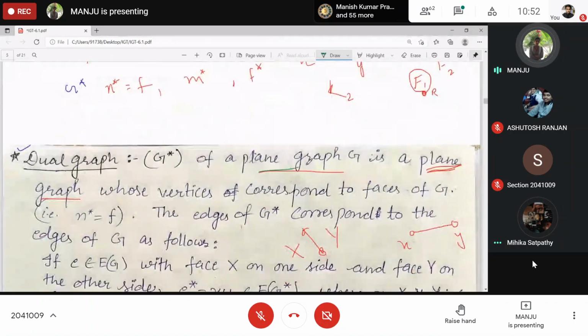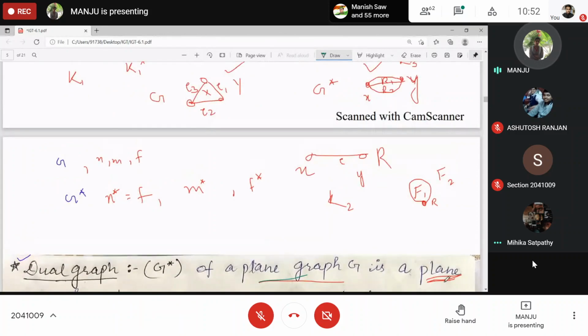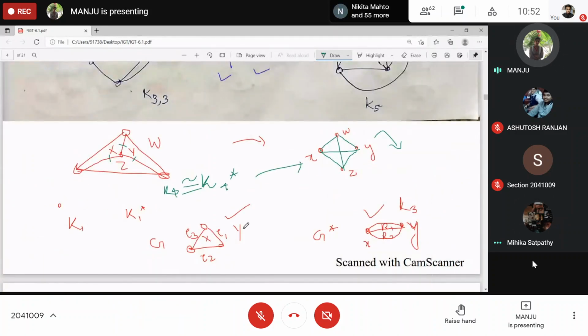For a plane graph, it has to be a planar graph. Why have they mentioned it as a plane? Because the number of regions, we can draw it like this.